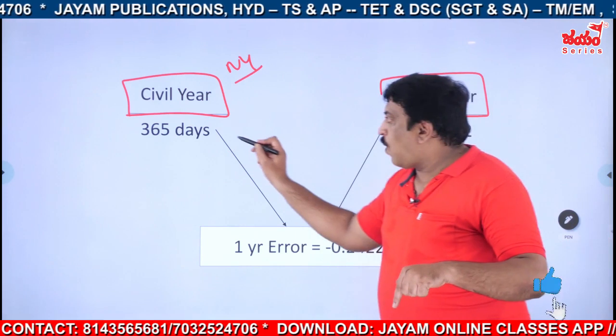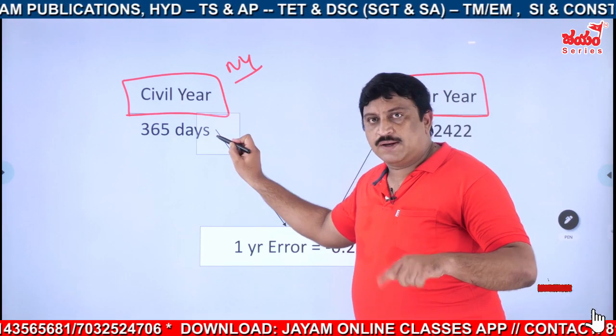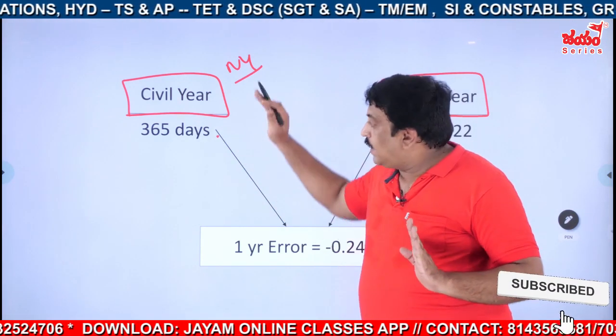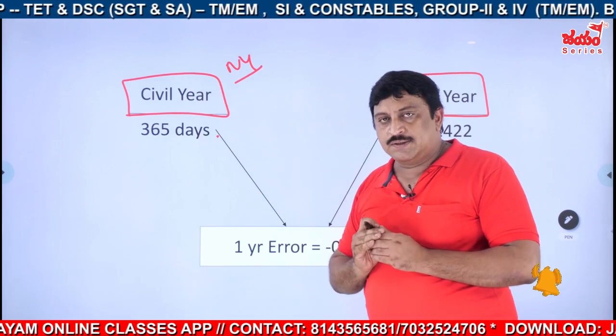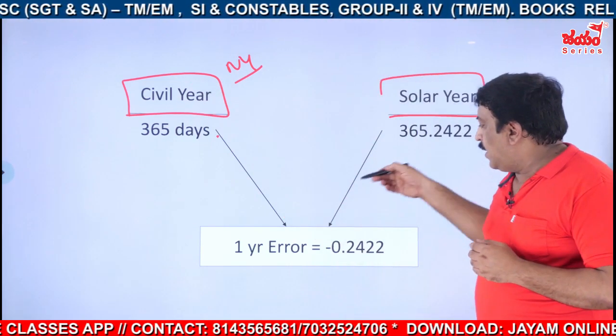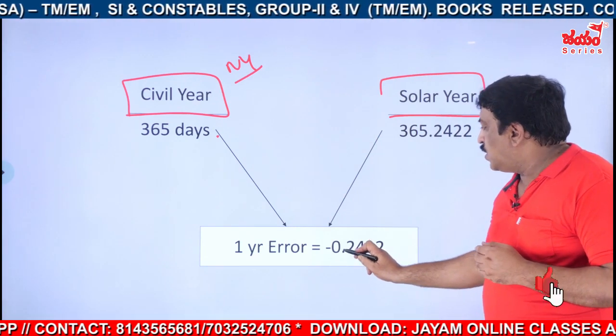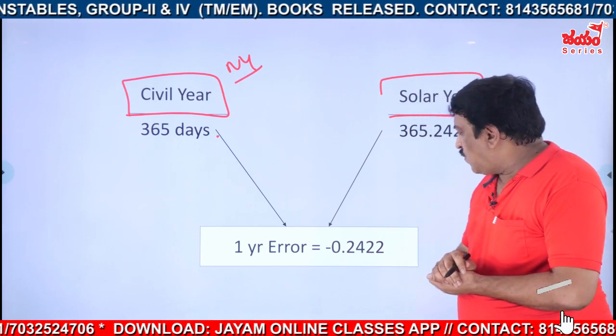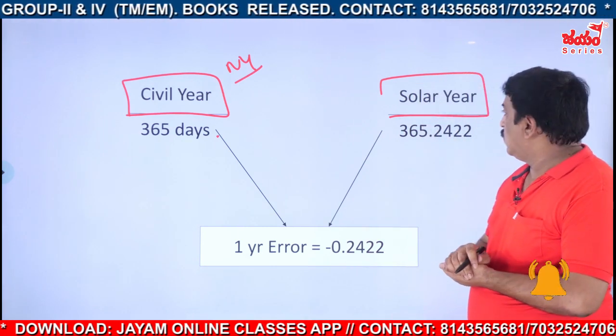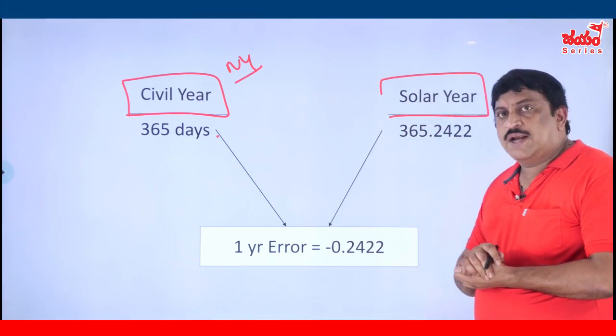We have taken 0.25 error for that one. Is it not? Okay. Let it be exactly that the normal civil year is 365 days. So the little bit of error is how much? 0.2422. 0.2422 is not a big issue, right?